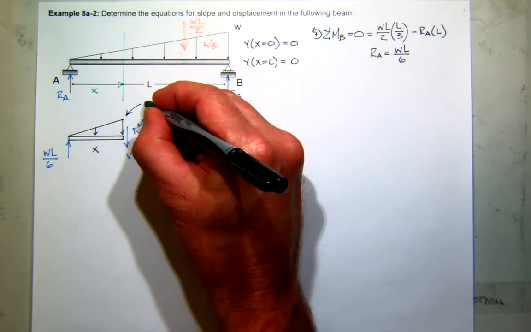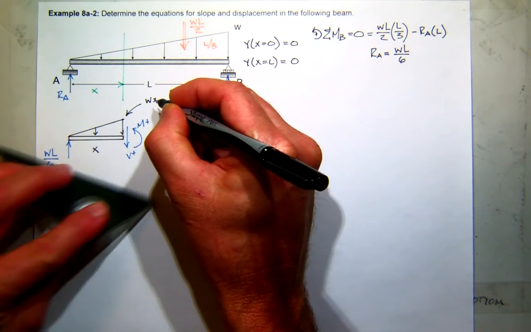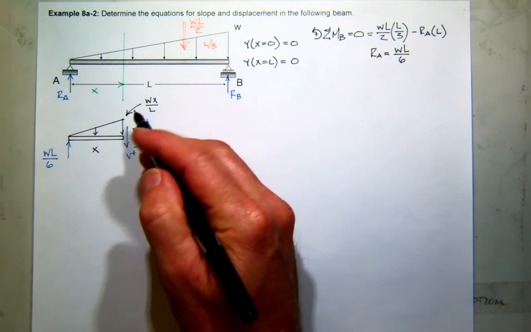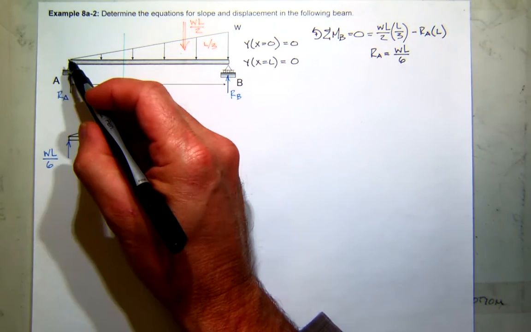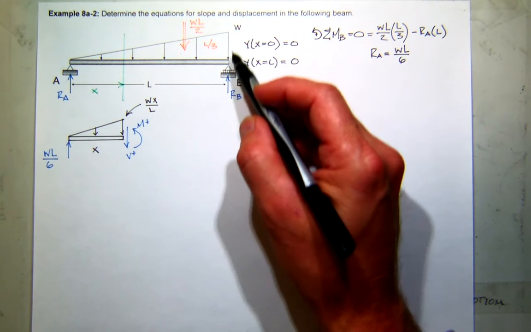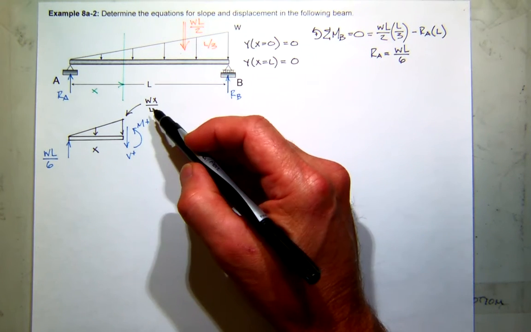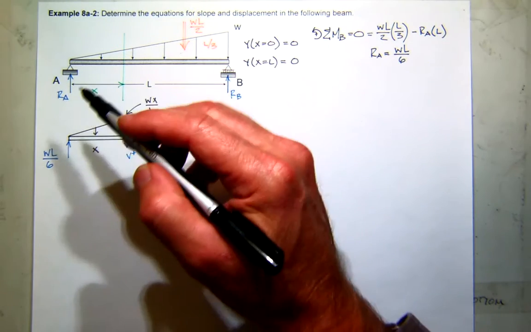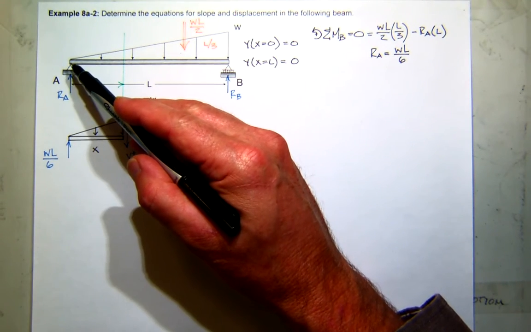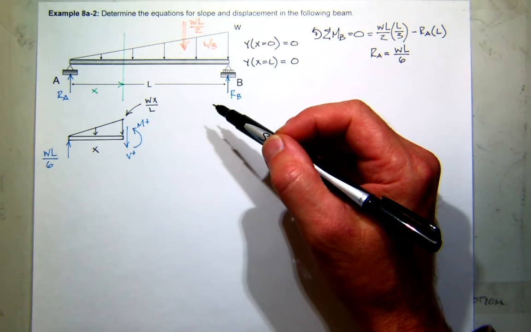So that means that this should be Wx over L. And you can check it. When x is 0, you should have 0. And when x is equal to L, it should be W. So that equation matches both at A and B. So I know my equation is good.